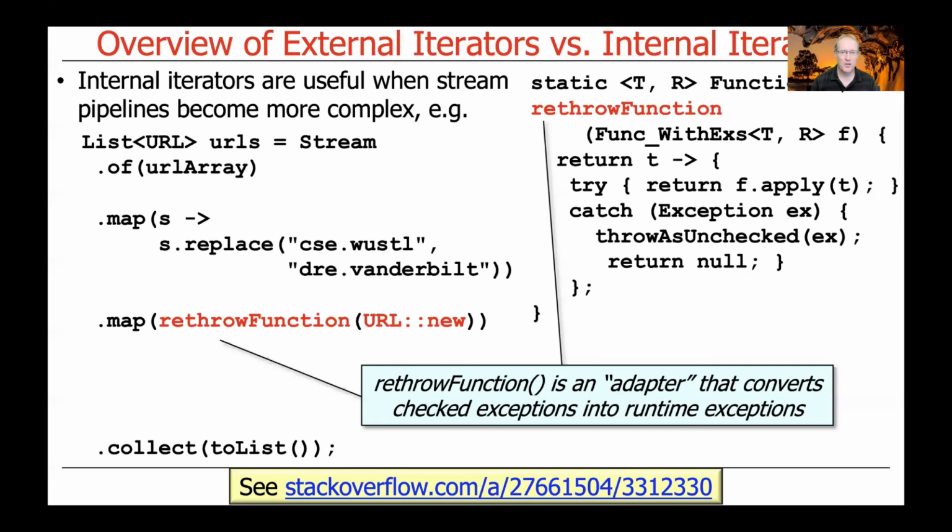We'll see an example of this later when we talk about the completable future framework. The old school future class had a method called get that would have a checked exception. The modern completable future class has a method called join that has a runtime exception. So you can use it more conveniently without having to use this type of exception laundering mechanism in your code.